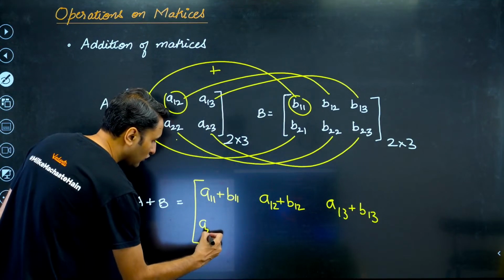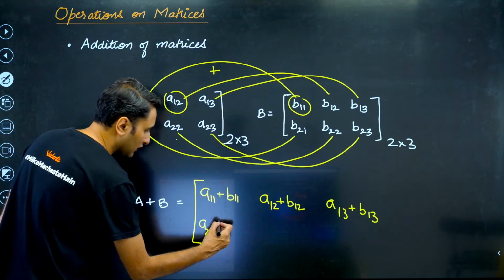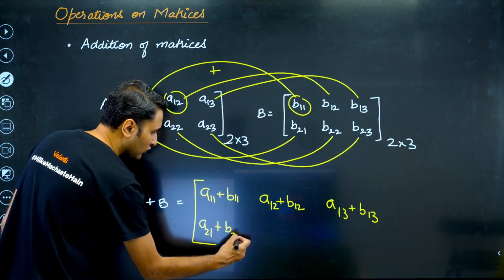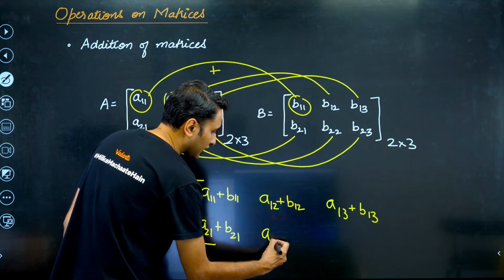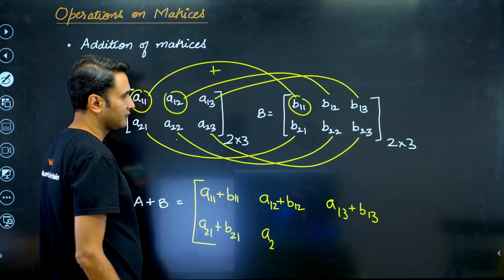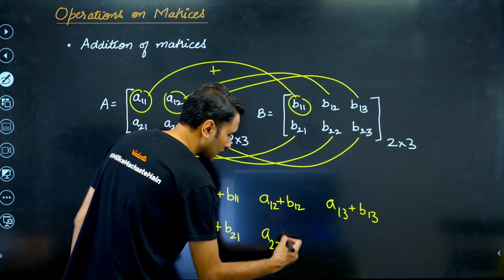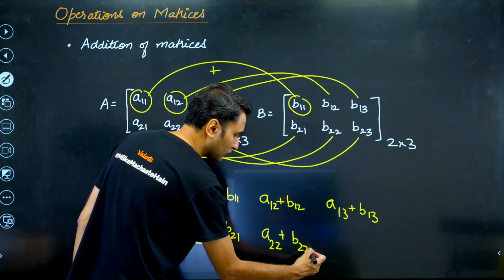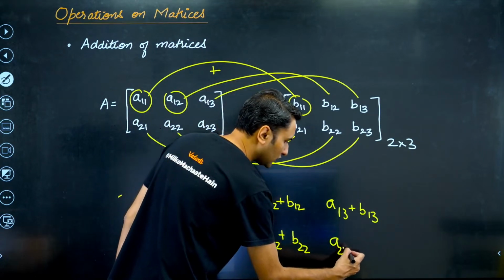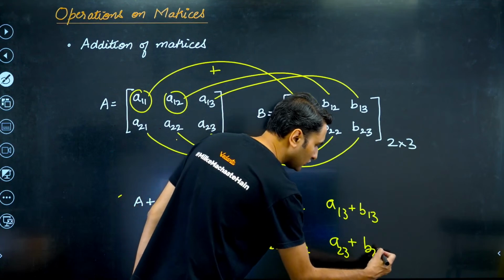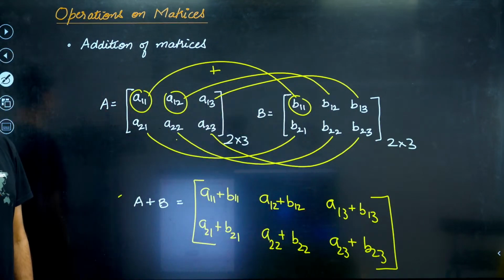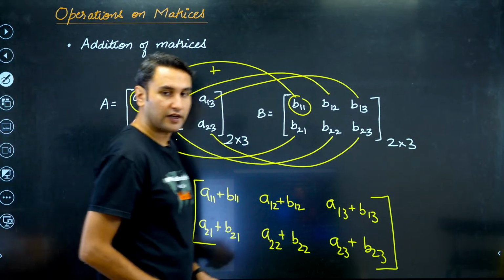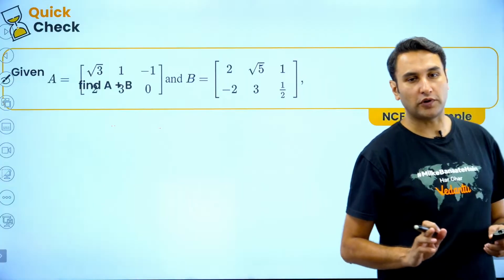Second row, first column, second row, first column. Second row, second column plus second row, second column of the other one. Second row, third column plus second row, third column of the other one. Now this is what we call the addition matrix. Bilkul simple as that, right? All you need to do is add the corresponding elements.